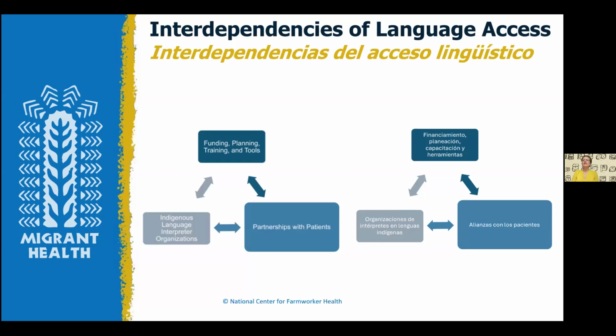So these are what I'm calling the interdependencies of language access. I'm not presenting them as steps because they should really be going on at the same time. You can be ready to care for Indigenous people when they come to your clinic, or you want to start doing outreach. I'm focusing mostly on making those partnerships with patients here, but really finding the funding, doing the planning, doing training, and finding tools, which, you know, check for training and check for tools for today.